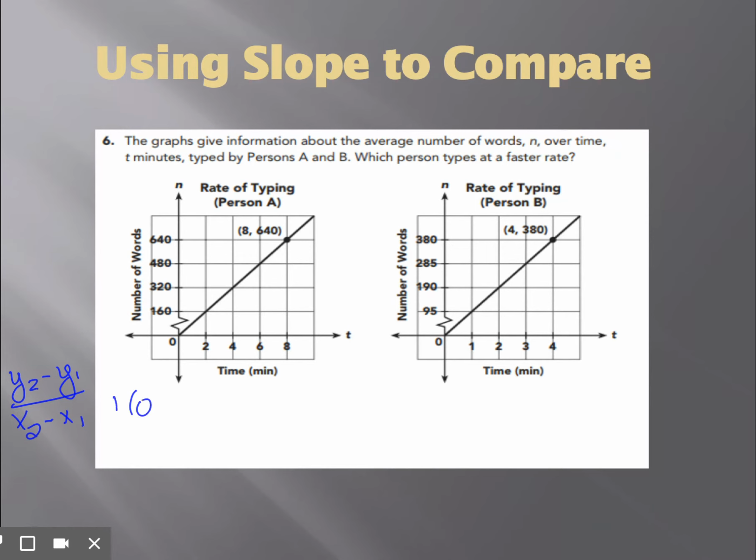For person A, you'll use 0, 0 for point 1, and for point 2, you'll use 8 and 640. And then on person B, you'll use again 0, 0 for point 1, and for point 2, you'll use 4 and 380. Again, keep in mind they're asking who types at the faster rate. Pause now, find the slope, come back and check your answer in a moment.